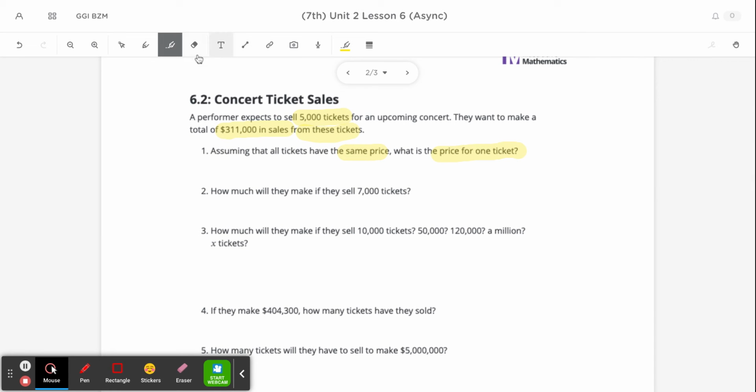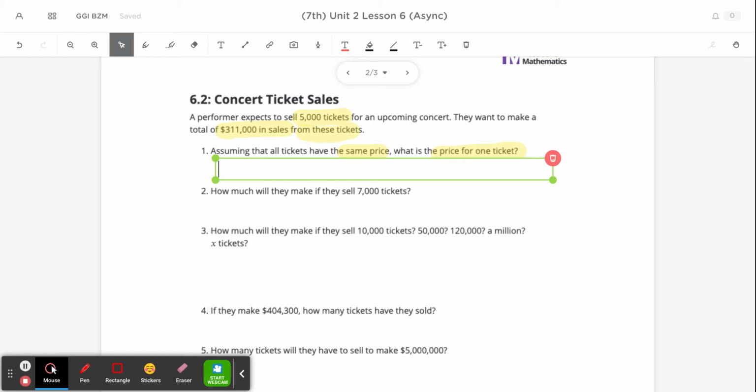Well, we know that we have 5,000 tickets that we're selling, and they want to make a total of $311,000 in sales from these tickets.